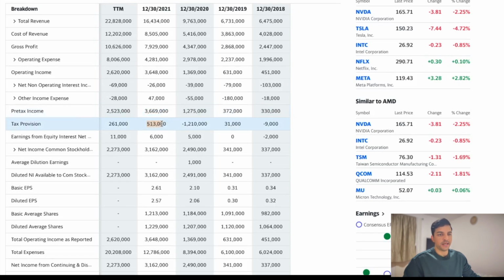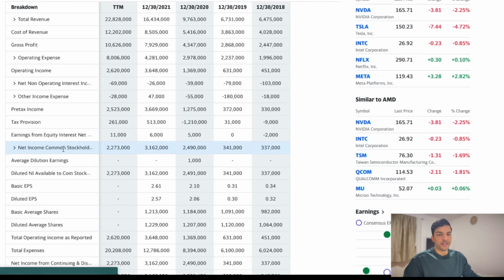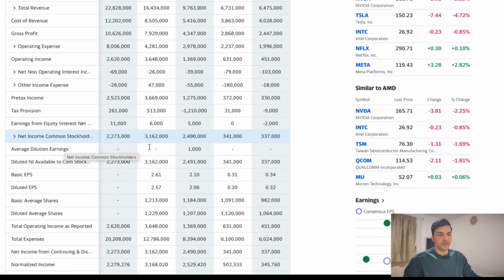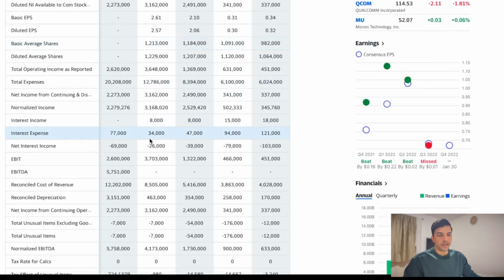After the tax of 513 million, the company ends up with the net income of common stockholder, which is $3.16 billion, which is positive and which is a very good thing. Normally when it comes to the income statement, you will see this term mostly used as the bottom line.